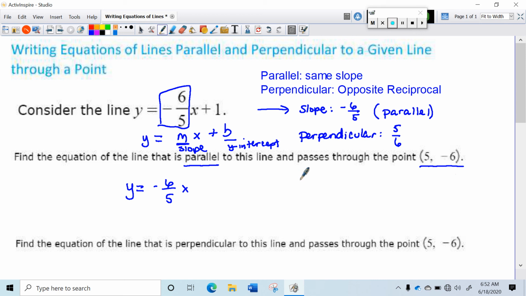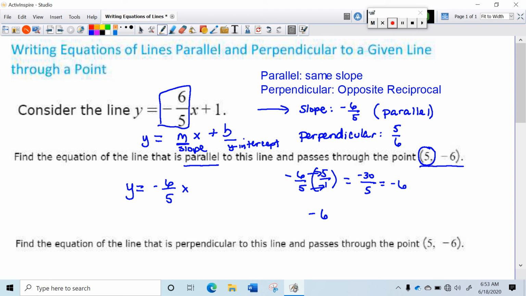So you want to take your slope, negative 6/5, and multiply it times the x value. I'm going to make that a fraction by putting it 5/1 and go straight across. Negative 6 times 5 is negative 30. 5 times 1 is 5. Negative 30 divided by 5 is negative 6.